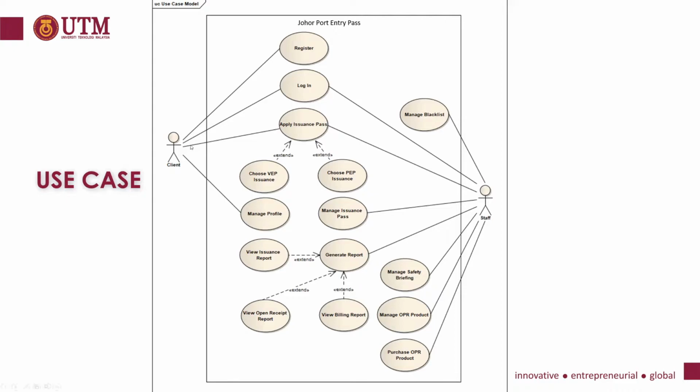They are only allowed to request or apply for an issuance pass, while the requested issuance pass will be reviewed by the staff of Johor Port. Here, we can see that the client can only register, log in, apply for an issuance pass and manage their own profile, while the Johor Port staff or admin have access to the whole use case to be managed.